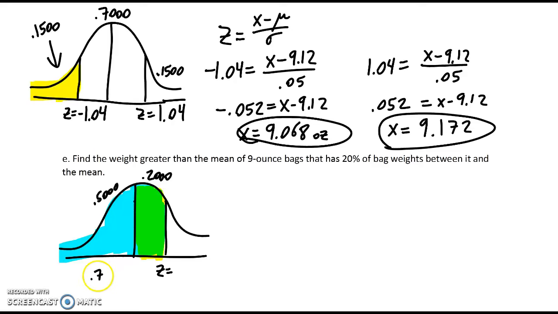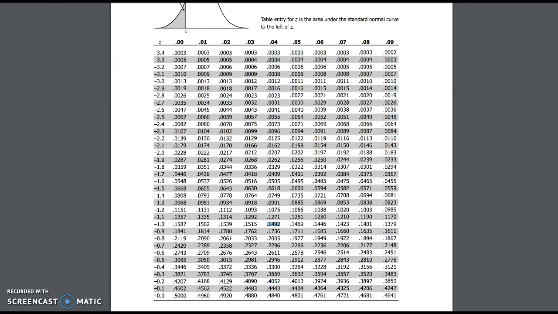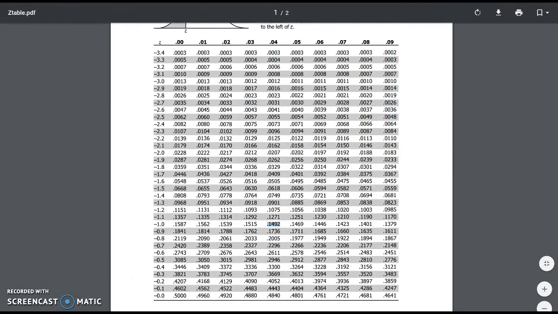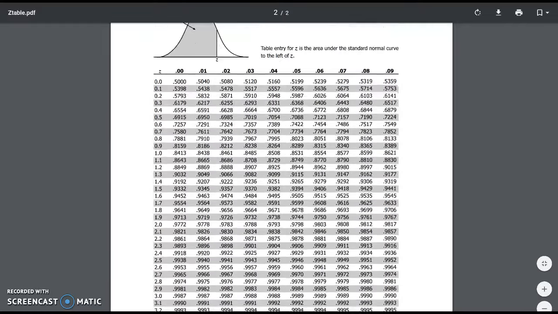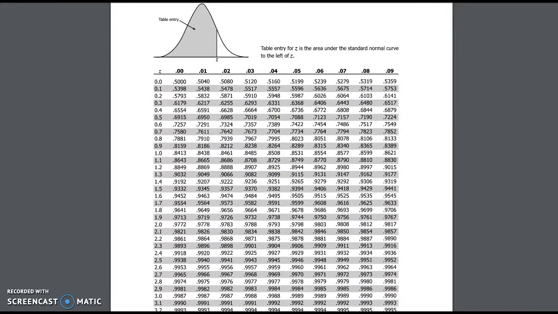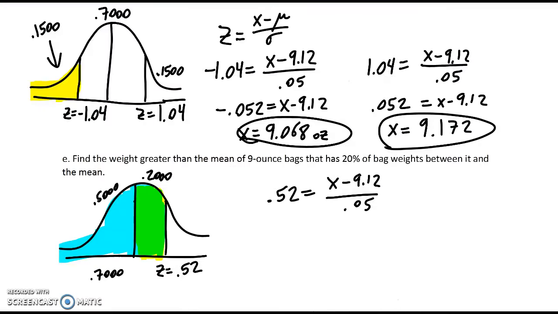So there's 70% total here. So we're going to go to our table. We look up the closest thing. Obviously, this is a positive z-score, so we're going to be over here. Closest thing to 0.7000. We have two choices, 0.6985 and 0.7019. 6985 is actually closer, so 0.52 is our z-score.